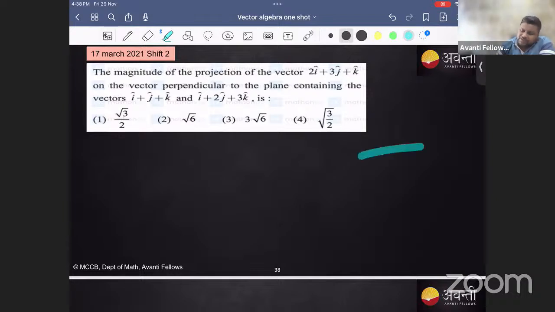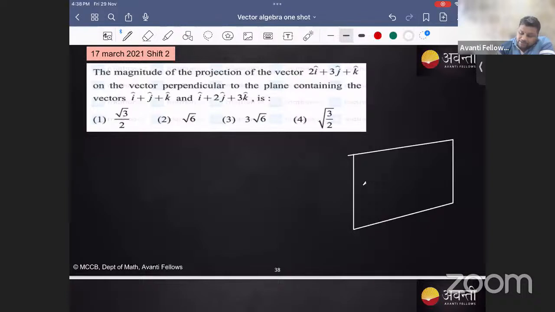So see, there is a plane which is already containing two vectors. One is i cap plus j cap plus k cap, another is i cap plus 2j cap plus 3k cap. Got it? Now there is a vector n which is perpendicular to both of them.